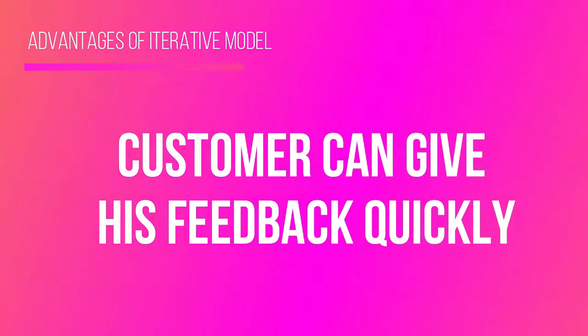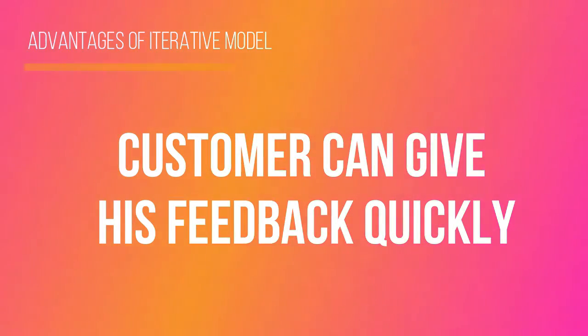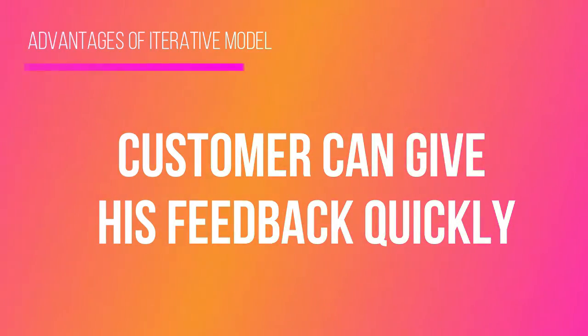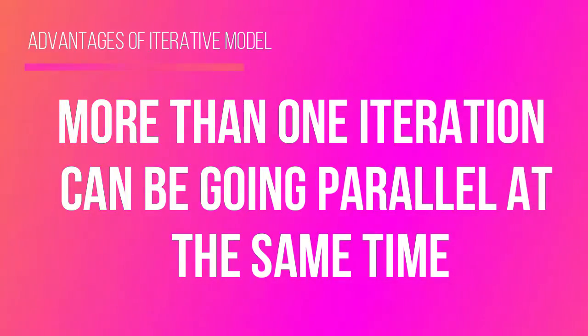The fourth one is customer can give his feedback quickly. Because of just small iterations lang, makikita agad ni customer or ng user kung saan yung problema or saan yung i-update or saan yung kulang sa software. The fifth one is more than one iteration can be going parallel at the same time.